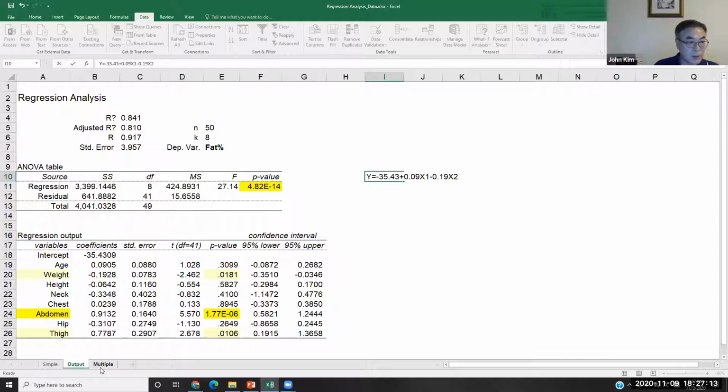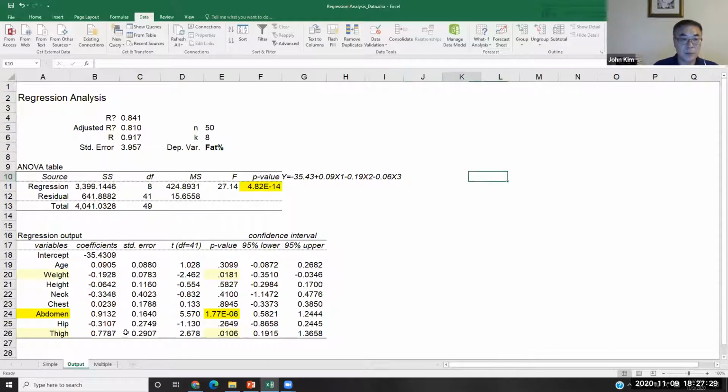The next one is negative again, so negative 0.06 for height, x3, and so on.